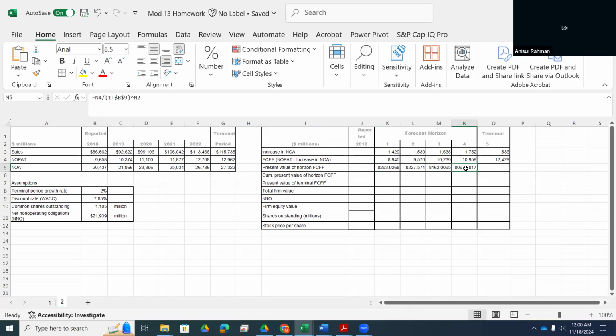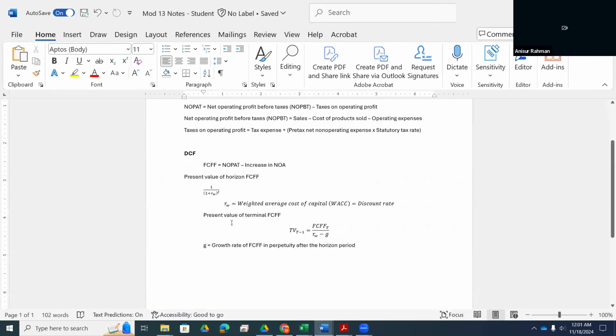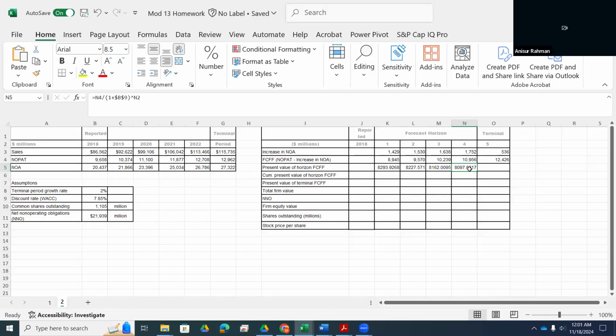And we are going to use this formula to find out the present value of terminal free cash flow. So that basically means we will be able to find out the present value of all these free cash flows to the firm starting in year 5 using that formula. And that present value will be at the end of year 4.